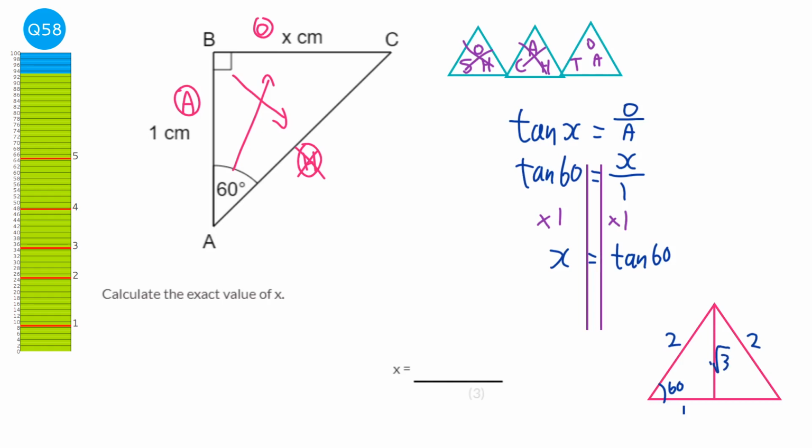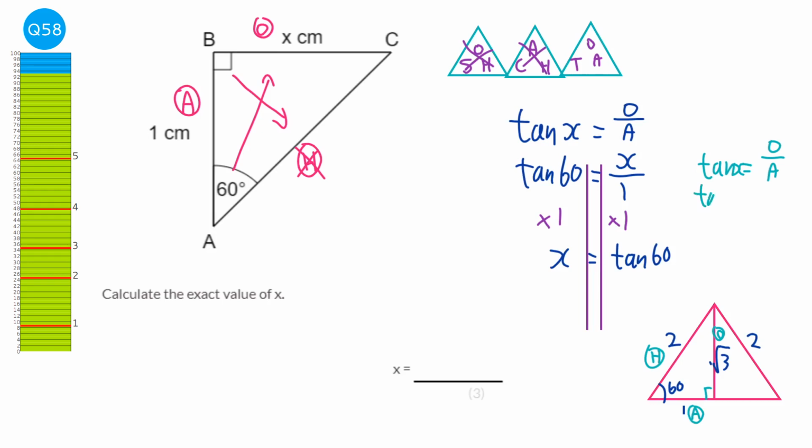So looking at labelling the sides here, we've got the hypotenuse here, we've got the adjacent here, and then the root 3 will be the opposite. And so we're looking for tan 60. So tan, as we know, is the opposite over adjacent.